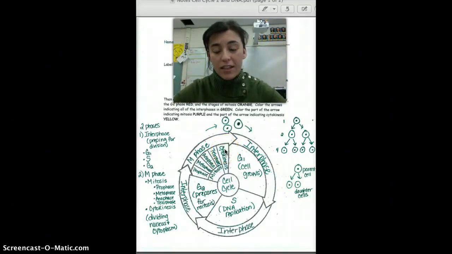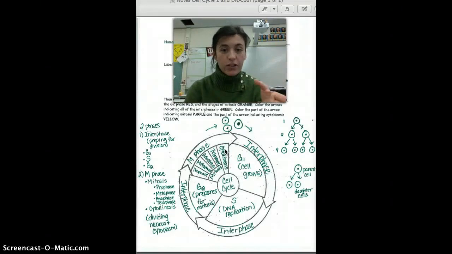So the actual act of dividing the cell happens in two stages: mitosis first, then cytokinesis. You first split your nucleus, then you split your cytoplasm. We'll talk about mitosis in more detail in a further video, because that takes a little more depth. But this is overall just the cell cycle itself.